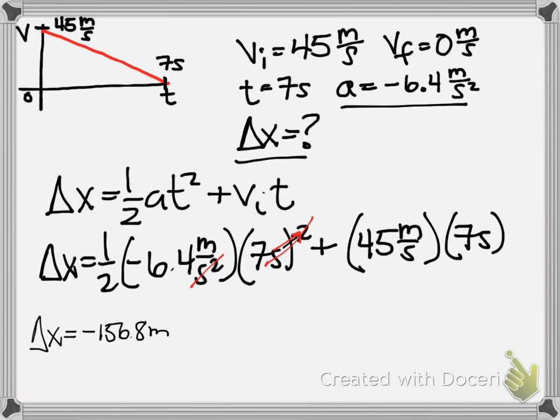And then for the second term, we have 45 times 7, and that's positive 315 meters. Again, my seconds cancel with seconds, and I'm left with meters. So adding those things together, we get a total of, what, 159.8.